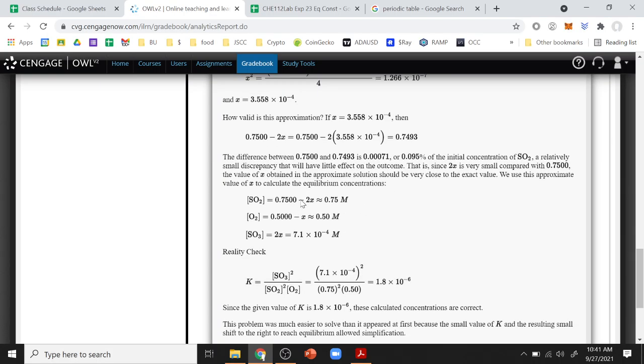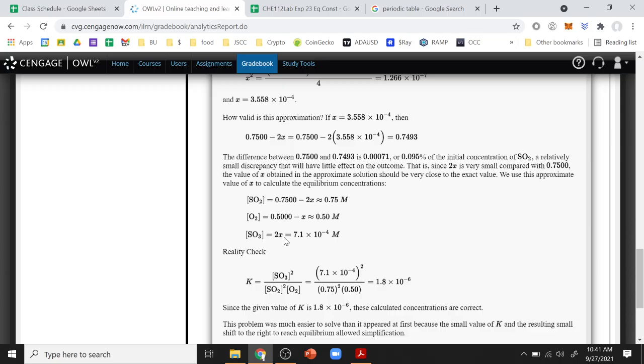So what does that mean? Well, our SO2 concentration, it's approximately 0.75, right? Our O2 concentration, it's about 0.50, isn't it? And finally, our SO3 concentration, well, that is 2 times that x number, right?